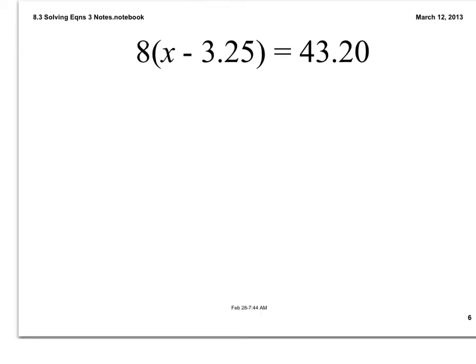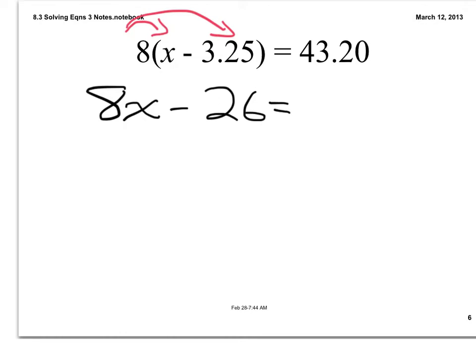So now, cleaned up a little bit. Again, use the distributive property, so 8 times x, 8 times 3.25, so you will get 8x minus 26 equals 43.20.